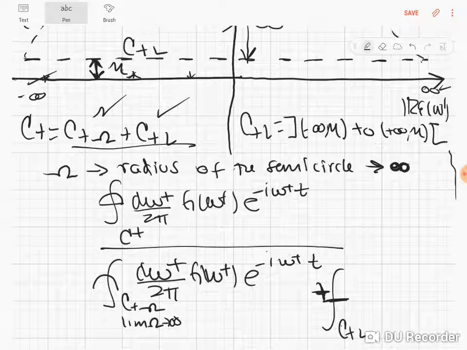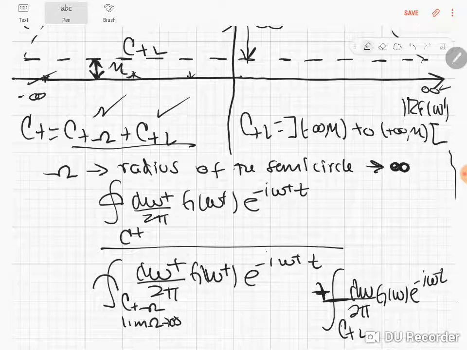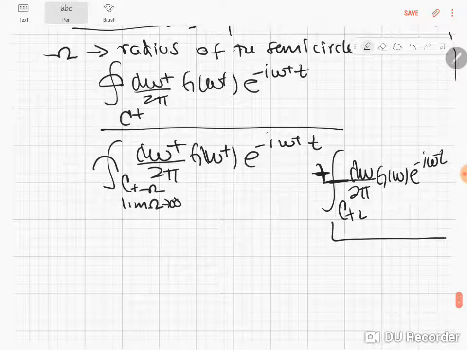So what we can do is ignore omega prime on that line, and we write the integral of d omega divided by 2 pi, g of omega, e to the minus i omega t. And this here is nothing but the Green's function, so this is g of t.